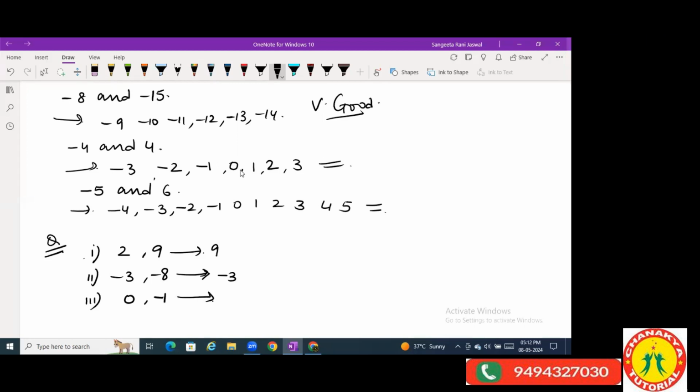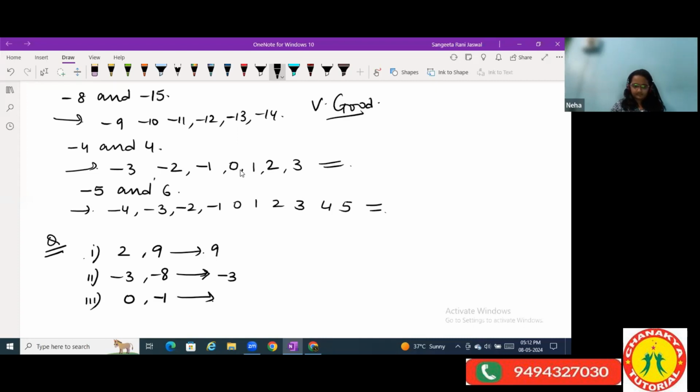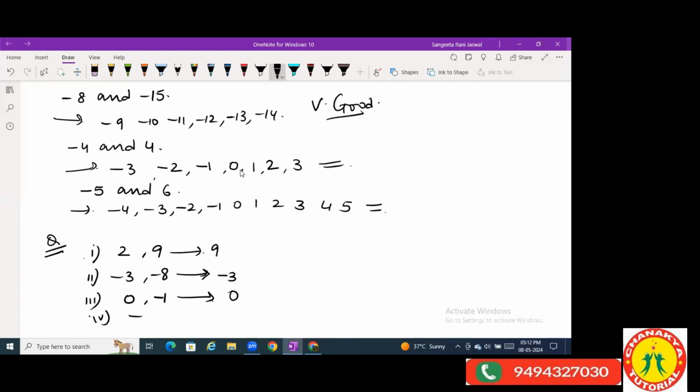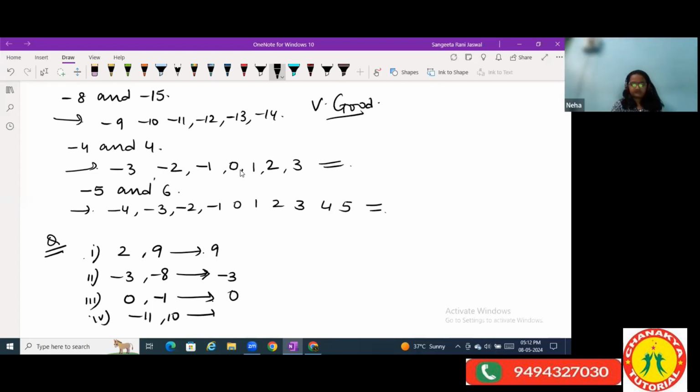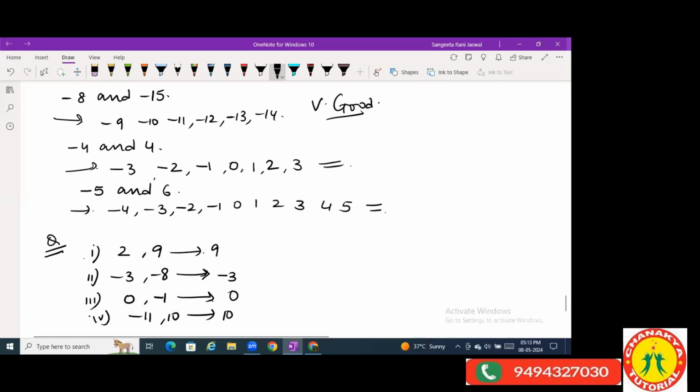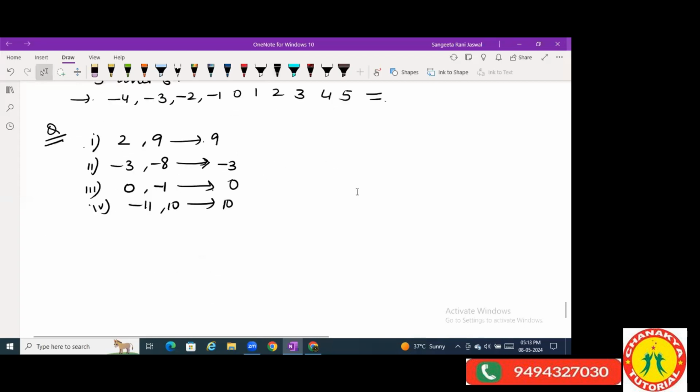Okay, Neha, tell me which number is towards the right. 0. Okay, Lakshita, which number is towards the right? 10. Good. Okay.